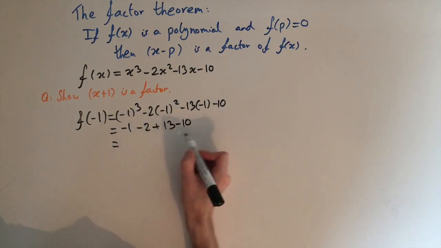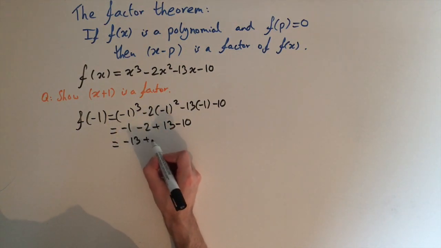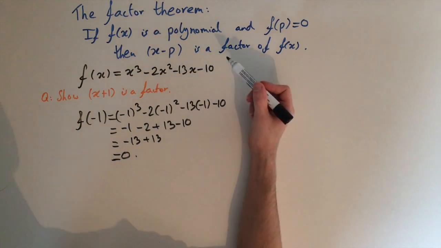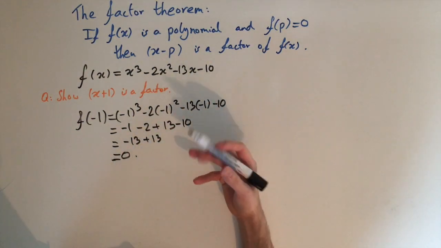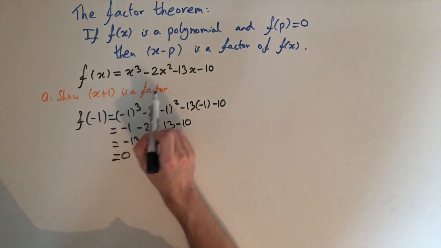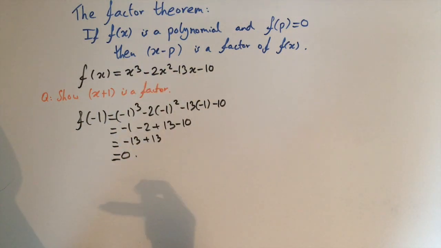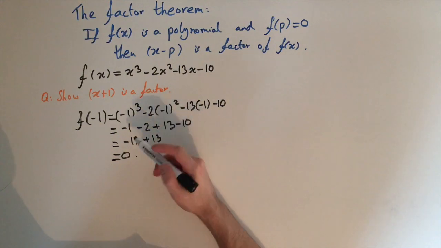You see this is actually minus 13 plus 13, so it is indeed 0. So just from this theorem, we can immediately find out that x plus 1 is a factor of this cubic.